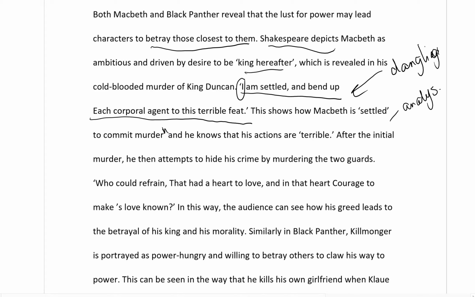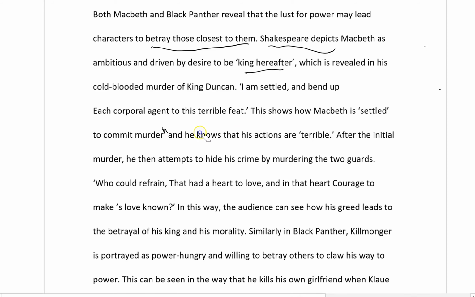So what we can do here is we can pick a section, and maybe that section is just this word here, settled. Maybe we could pick corporal agent and terrible feat. And then we can pop the rest of that into our own words.